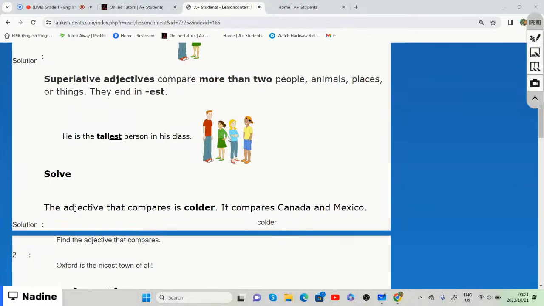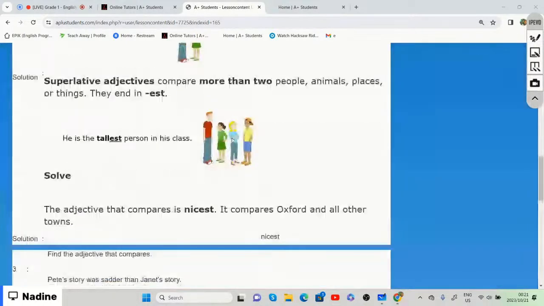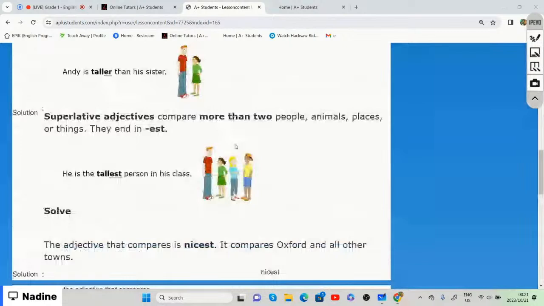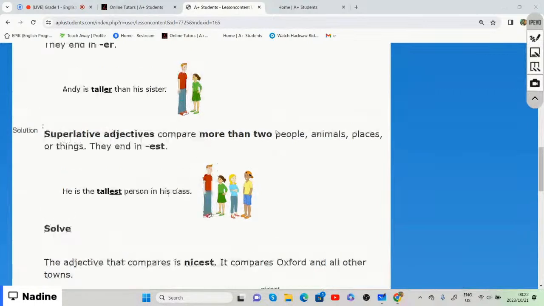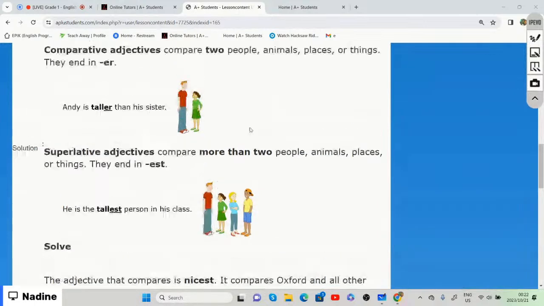And then we also have adjectives that are superlative. So in the first picture with the girl and the boy, it basically compares two people, animals, places, or things.